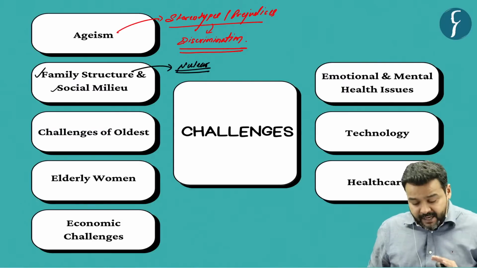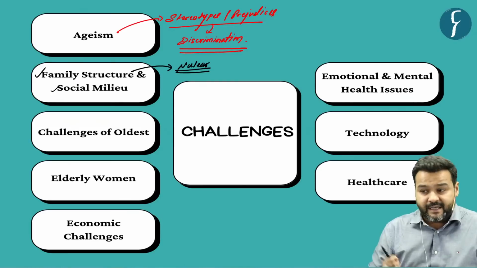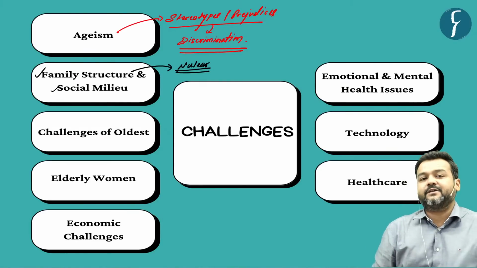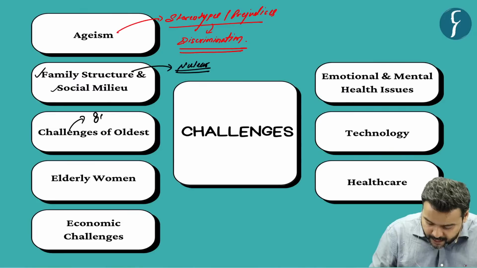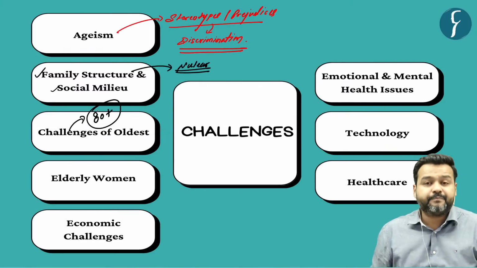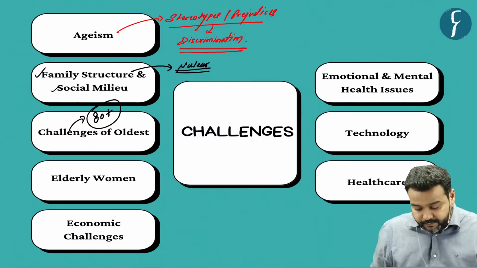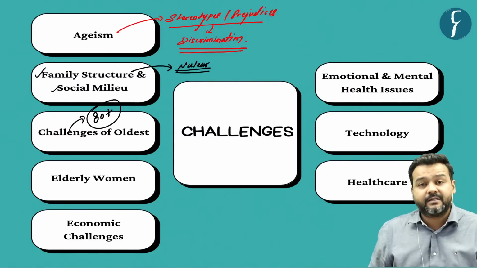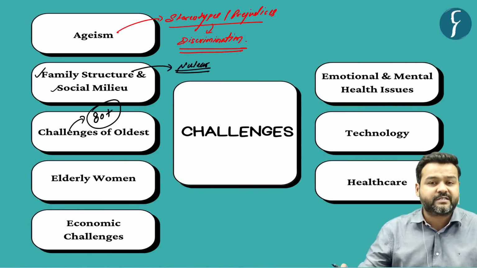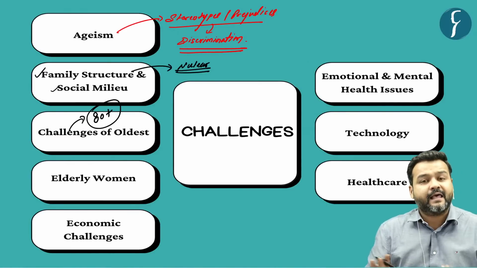Then the next challenge is the oldest old. In this segment also there is a horizontal discrimination. Those who are of age 80 plus are the most vulnerable because they require the maximum amount of constant care and help.